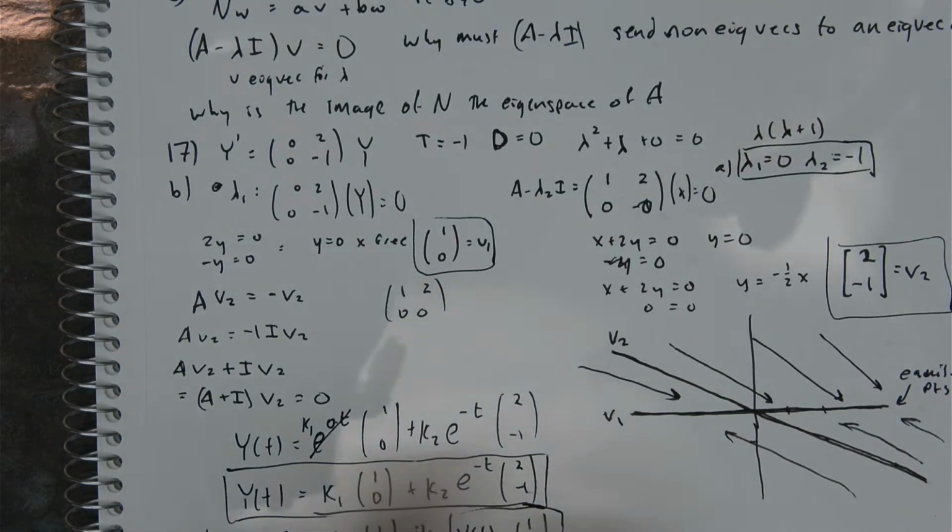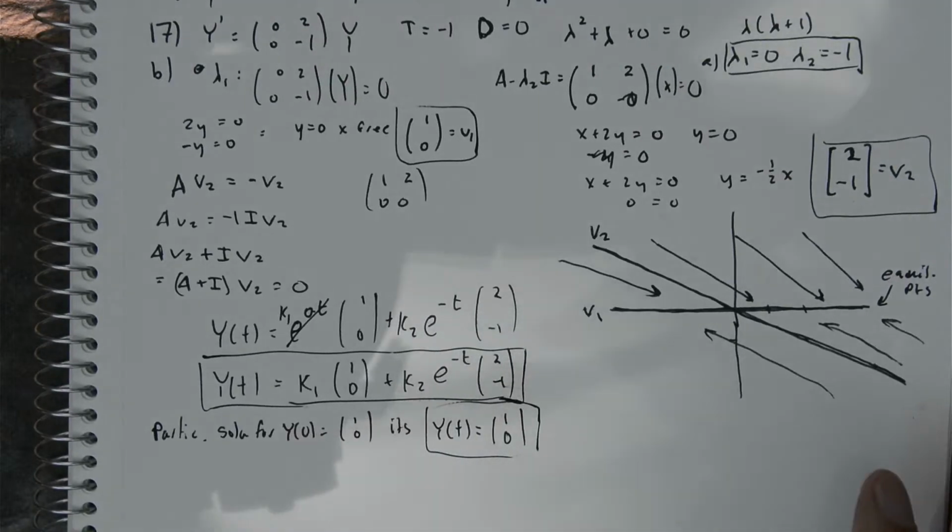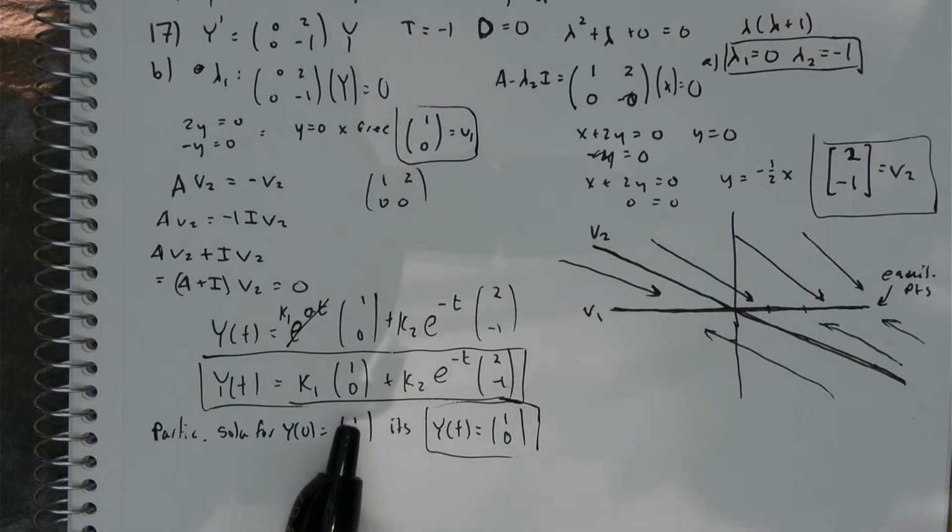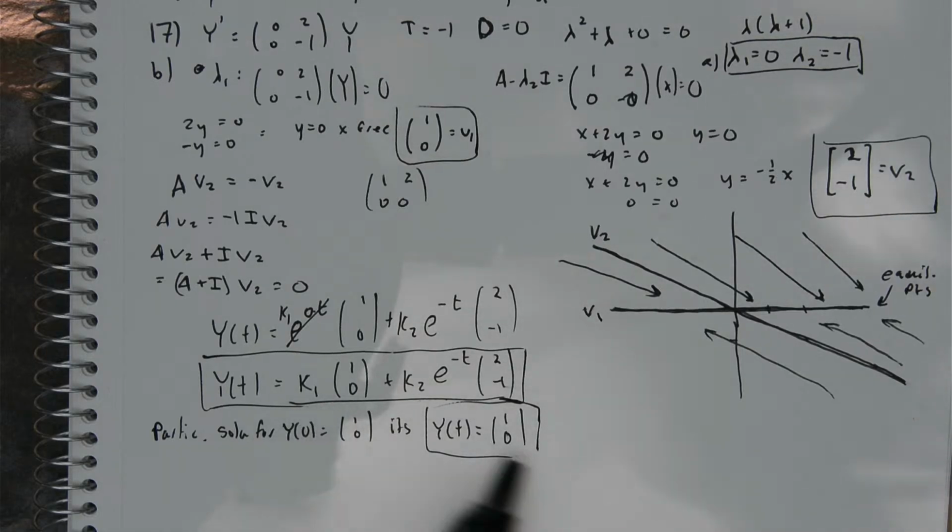That was easy to find the particular solution, because the initial condition is an eigenvector for the 0 eigenvalue, so it's just going to stay constant. It's in the null space of A, basically. That's the easiest way to say it.